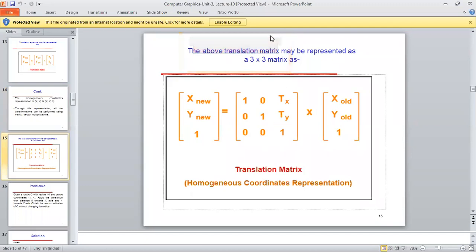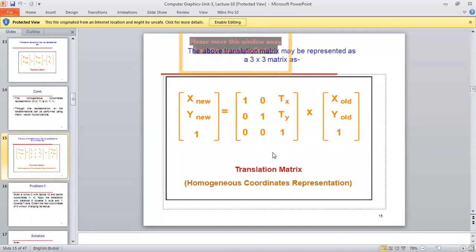Now we are considering the 3 by 3 matrix representation of the translation transformation. Now we can see x new, y new, 1 is equal to the matrix 1 0 0, 0 1 0, tx ty 1, multiplied by x old, y old, 1. So this is called the translation matrix, and this is the representation in 3 by 3 form.